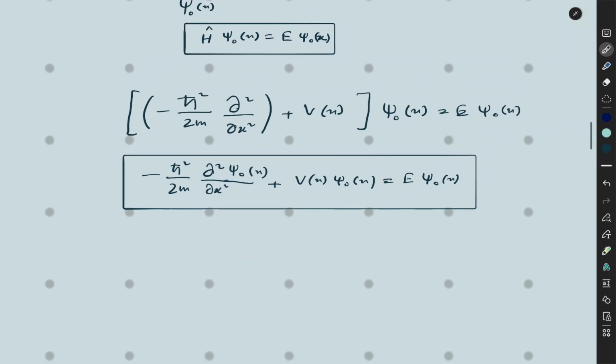And now the stationary state, or the solution, the time independent Schrodinger equation, this is an eigenvalue equation.